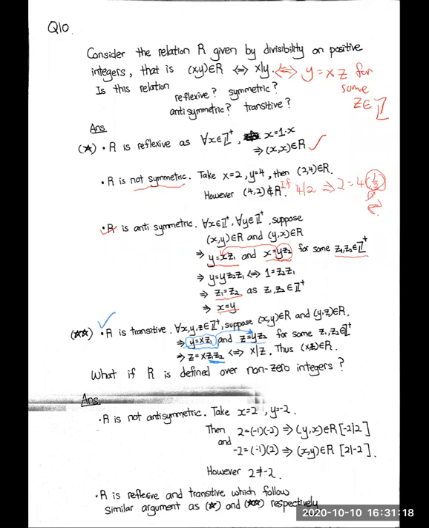Then we know that xy and yx must be an element in R, because you can see from the relations here. Okay, 2 is equal to negative 1 times negative 2, and negative 2 is equal to negative 1 times positive 2. Right? Then in this case here, 2 is not equal to negative 2, which is wrong.